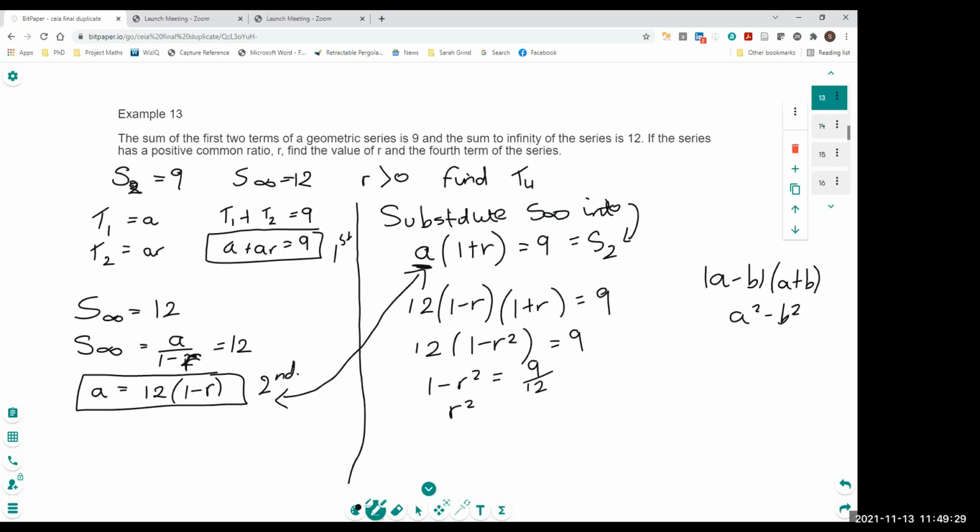We have r squared is equal to 3 over 12, which is equal to a quarter. So r is equal to a half, and r is greater than 0. All right, we just do that by substitution.